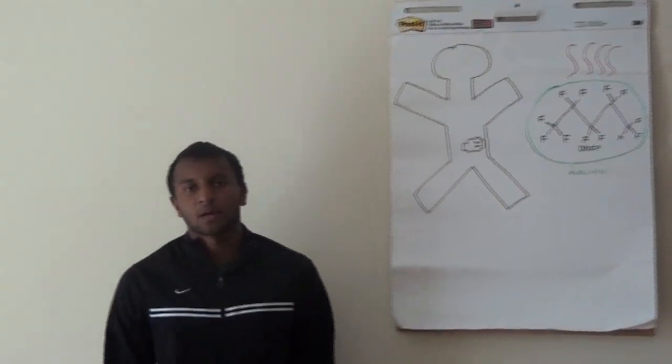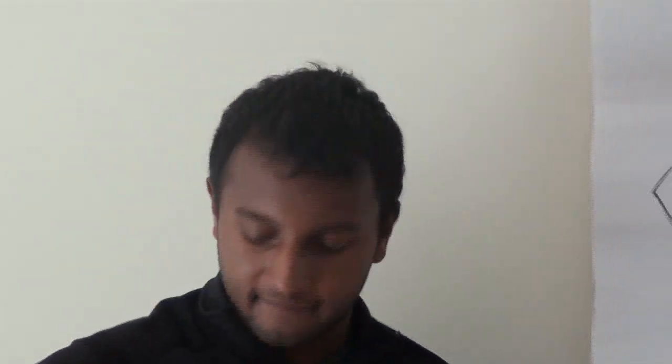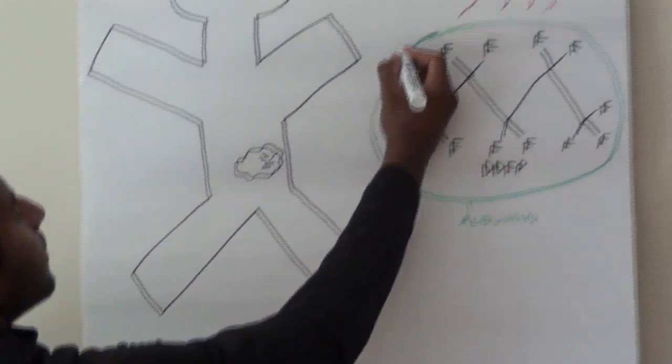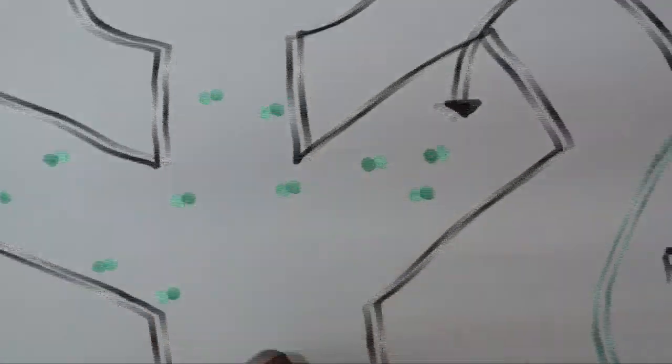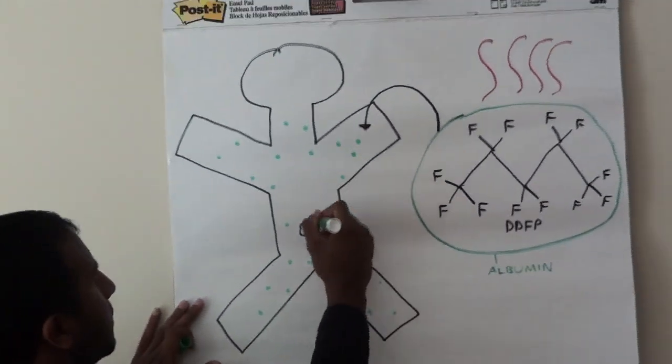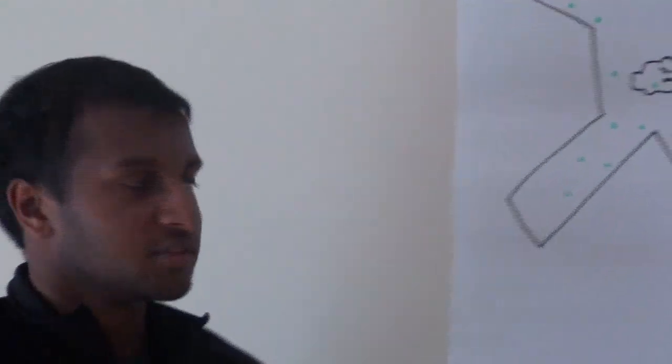The DDFP droplets are then injected into the bloodstream where they can freely circulate. They can even reach the blood that flows through tumors.